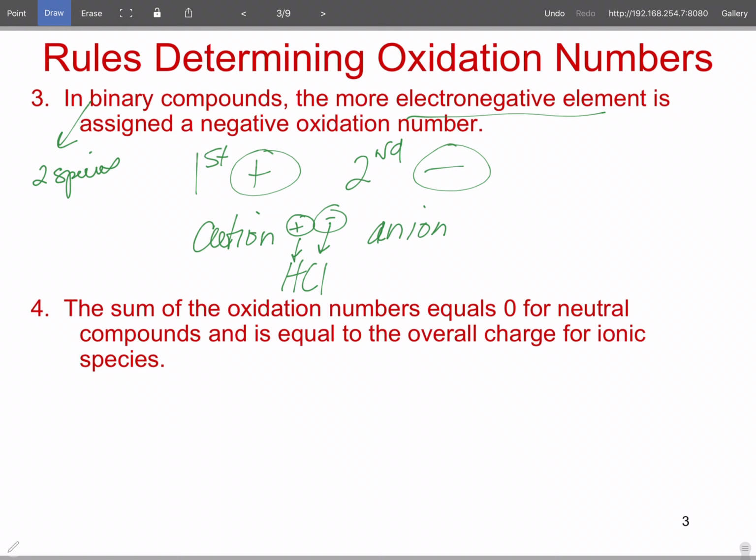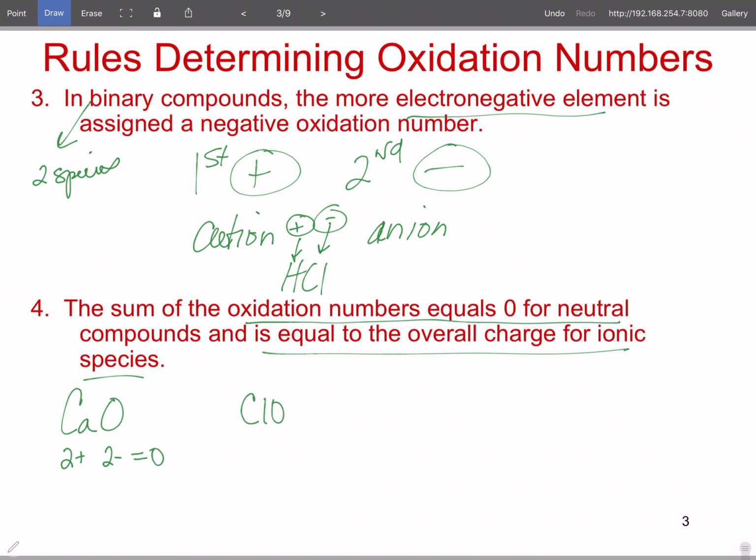Now, the sum of oxidation numbers equals 0 for a neutral compound and is equal to the overall charge for an ionic species. Okay, so if we have calcium oxide, calcium is 2 plus, oxygen is 2 minus, so this has to equal 0.